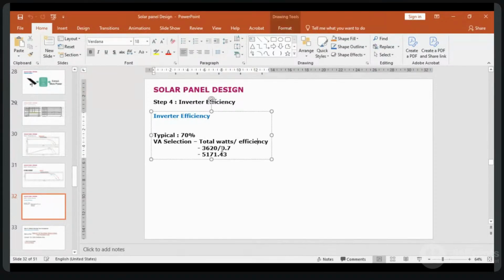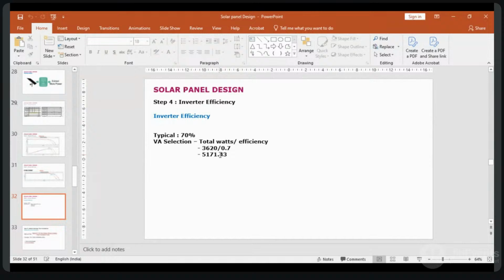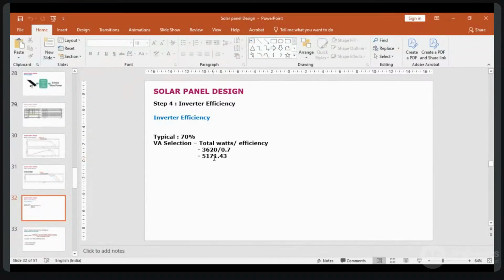If you consider the inverter efficiency of 0.7, the result is 5001. Generally we need volt ampere, so that is 5.1 kilovolt ampere. That is how we need to account for inverter efficiency.